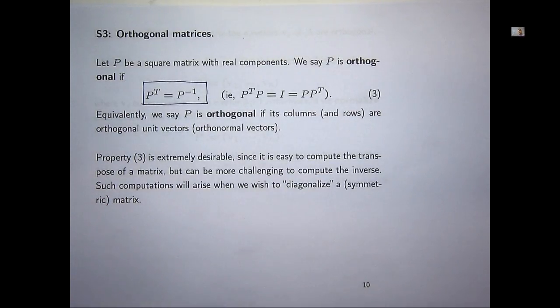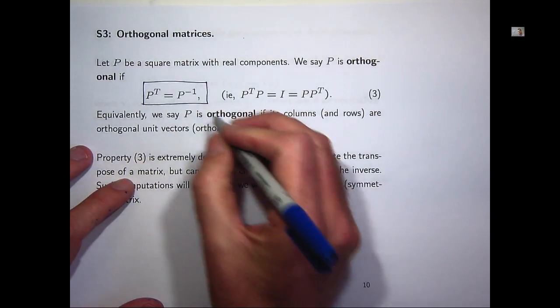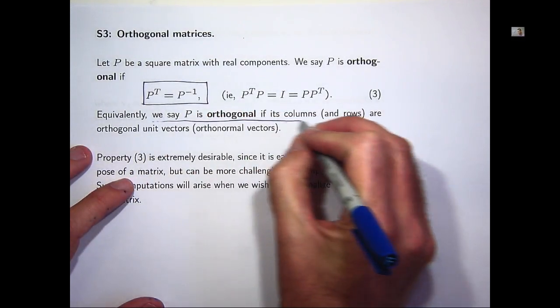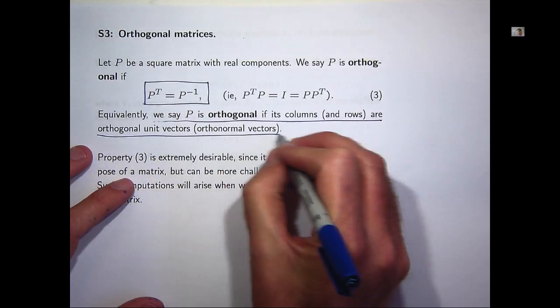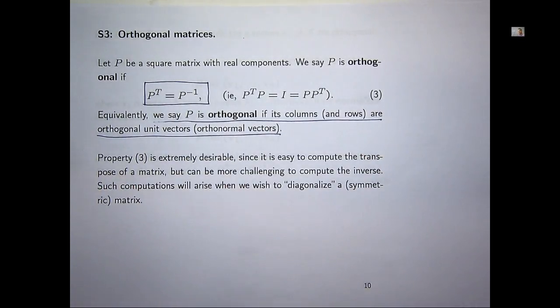Equivalently, we say the matrix P is orthogonal if its columns are orthogonal unit vectors. So basically, look at the columns. Do they have length 1?